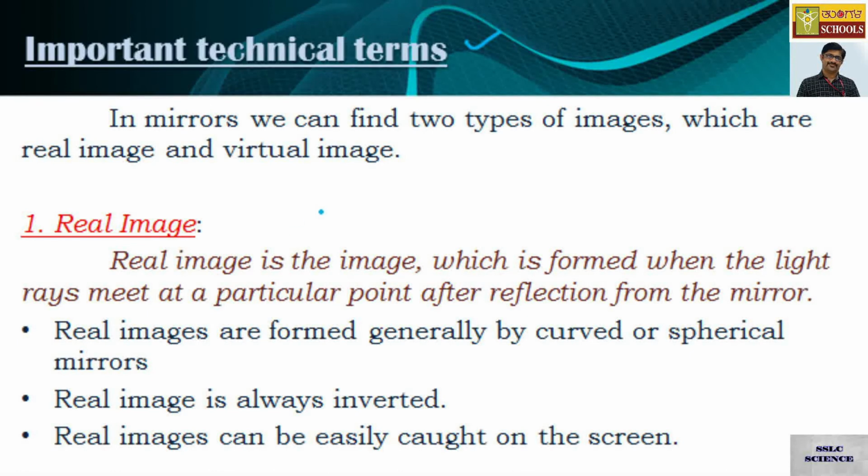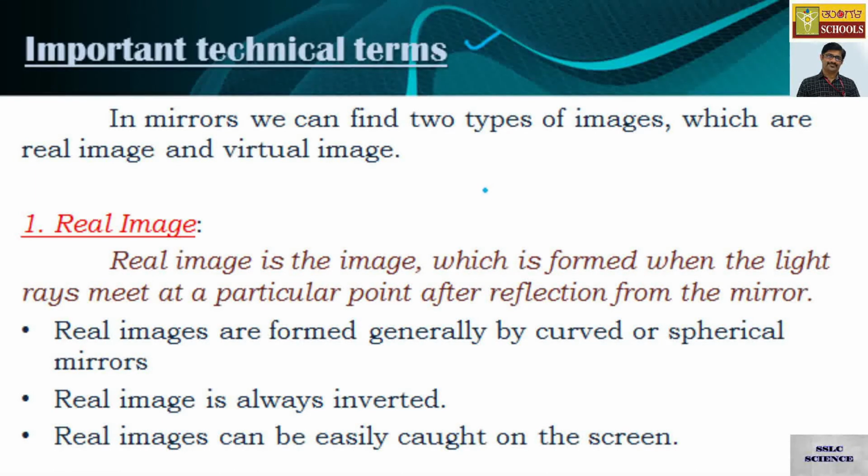A real image is the image which is formed when the light rays meet at a particular point after reflection from the mirror. After reflection from the mirror, the rays of light are going to meet at a particular point where the image is formed. So that is known as a real image.